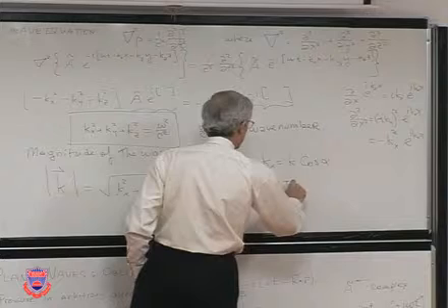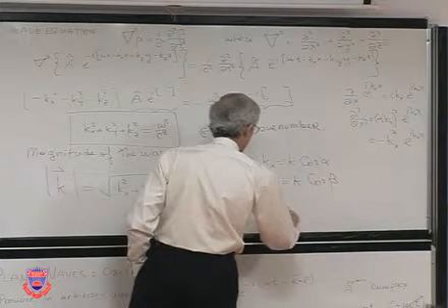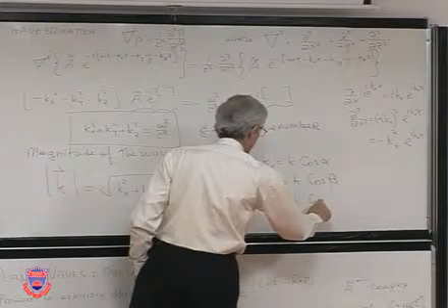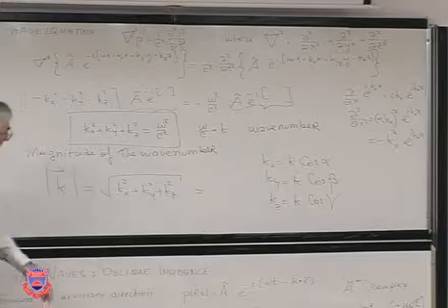Ky is k times cosine beta, and kz is k times cosine gamma. I think I used the gamma, yeah.